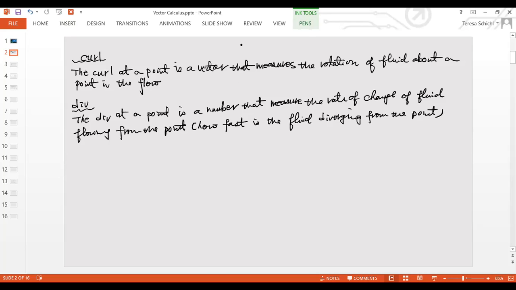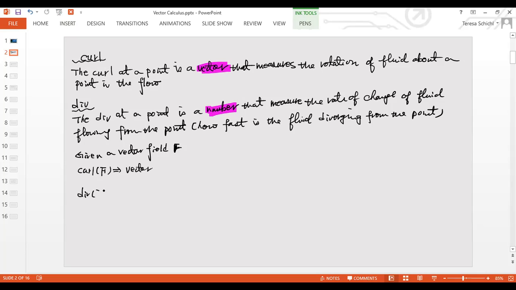From these definitions, let's take a look at a few key things. The curl is a vector, and the divergence is a scalar, a number. So for a given vector field F, the curl of F comes out as a vector, so be careful.